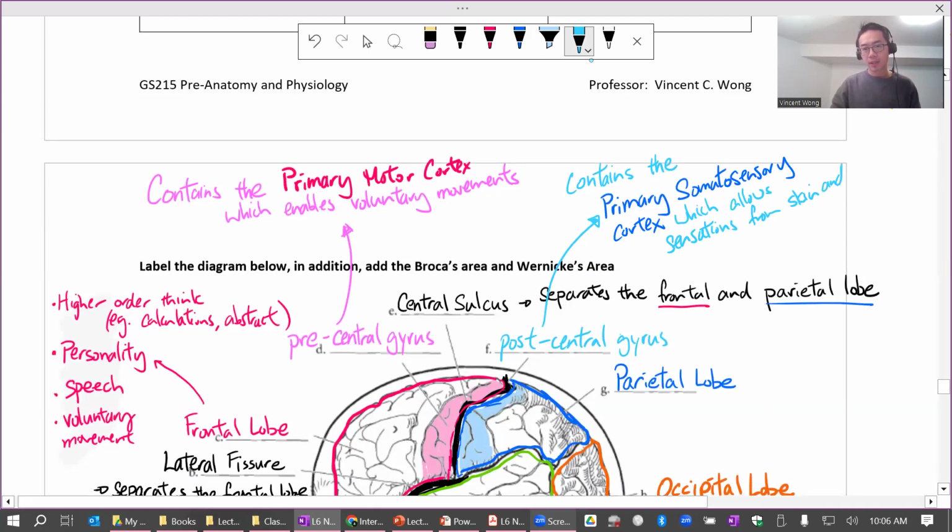I'm going to say and muscle, okay? Okay, so copy it down, and I'll explain to you what it means. From skin and what, please? Skin and muscle, sorry. Skin and muscle.